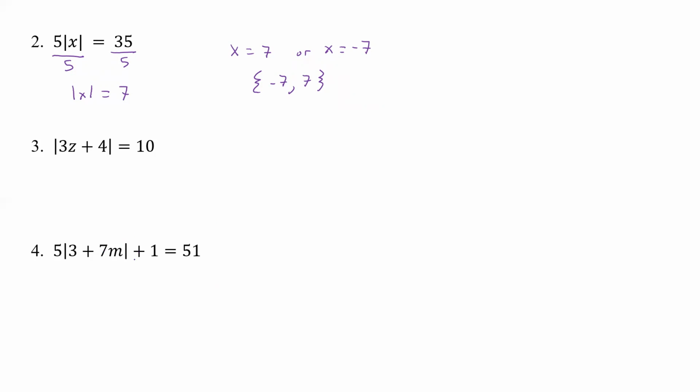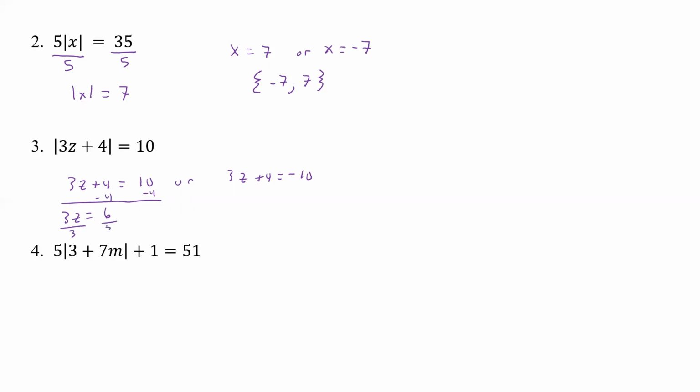Now, what about this one? Well, this one, we don't have to do anything. It's all in absolute values. So all we have to do is set 3z plus 4 equal to 10, or 3z plus 4 equals negative 10. Okay, so then we subtract 4. And so 3z equals 10 minus 4, which is 6.